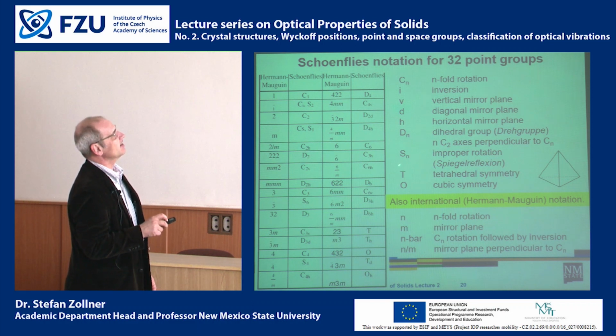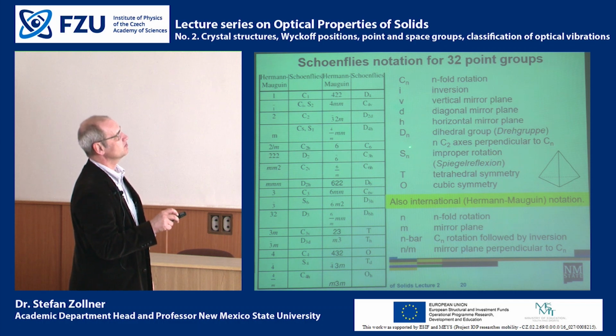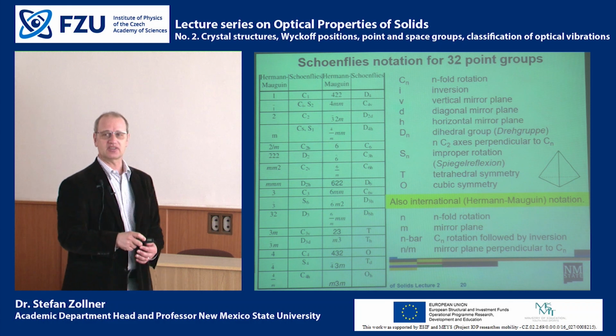S is a rotation followed by an inversion, or a rotation followed by a mirror reflection. So that's called an improper reflection, Spiegelreflexion. So that's where that S comes from. And finally, the highest symmetry groups are the tetrahedral and the cubic symmetry group. You know what a cube looks like. This is a tetrahedron.